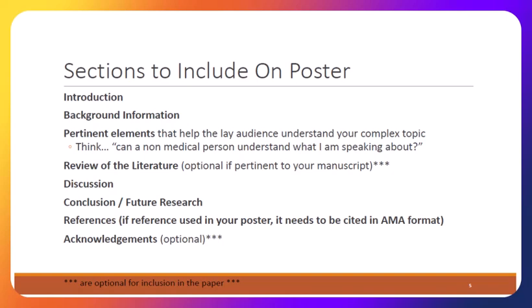These elements, they help the lay audience, so anybody that may not be knowledgeable in your area. Obviously, most people going to a professional symposium have some knowledge about medicine or medical sciences, but they may not have knowledge of your topic.